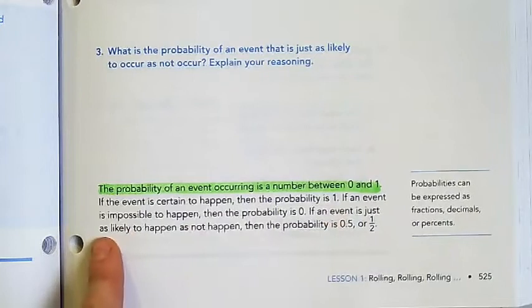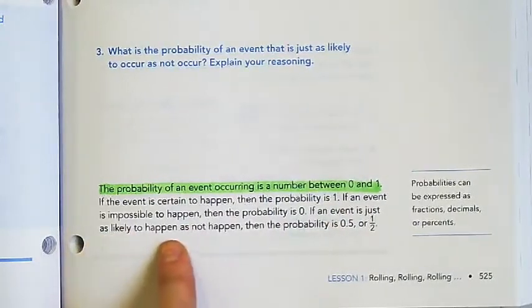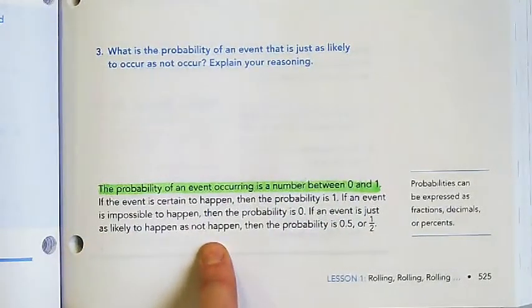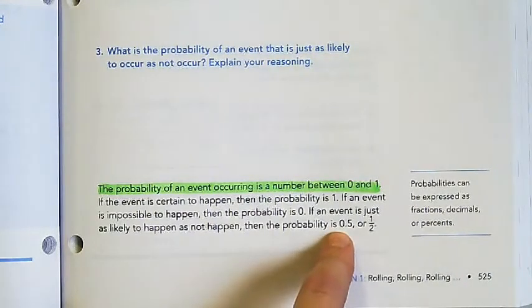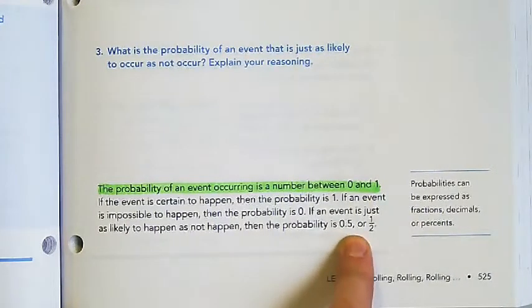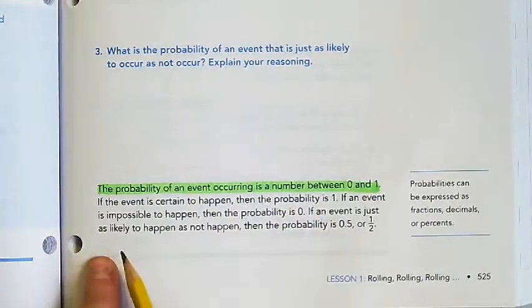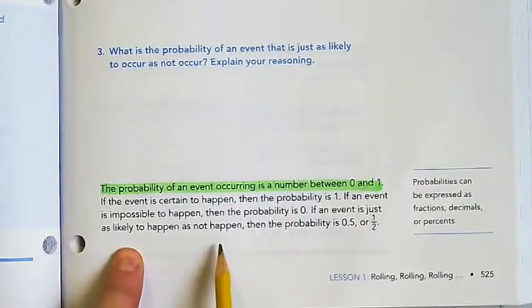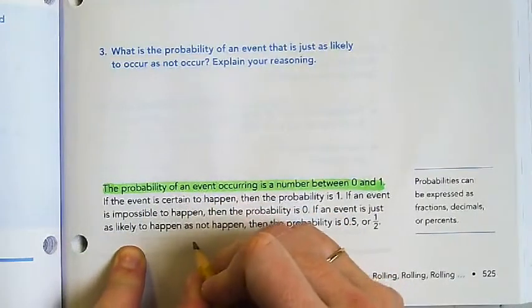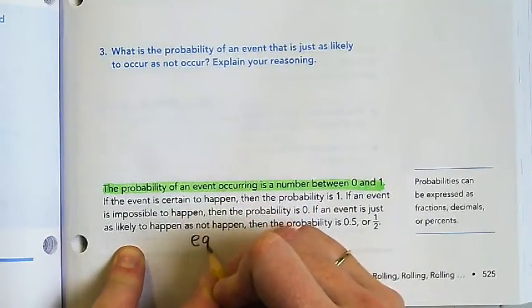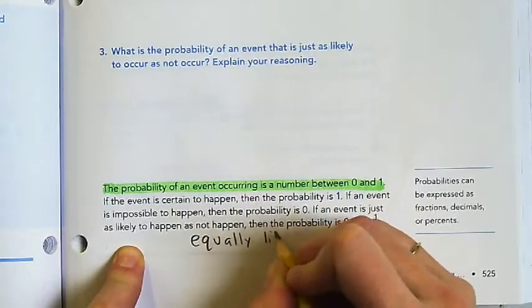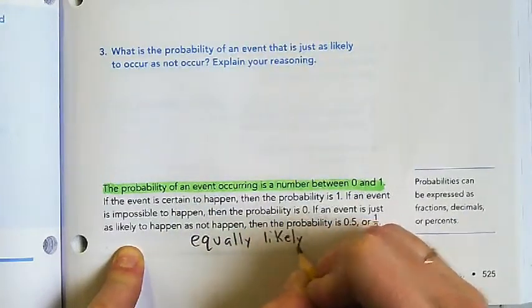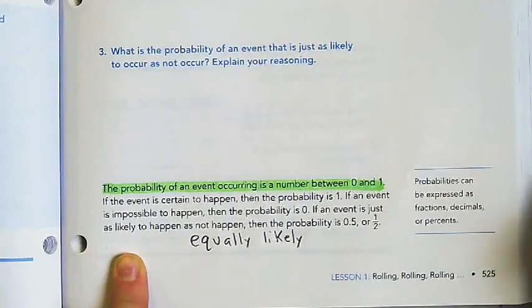If an event is just as likely to happen as not happen, then the probability is 0.5 or 1/2. If the event is just as likely to happen as not, a lot of times we say it's equally likely. Like flipping a coin.